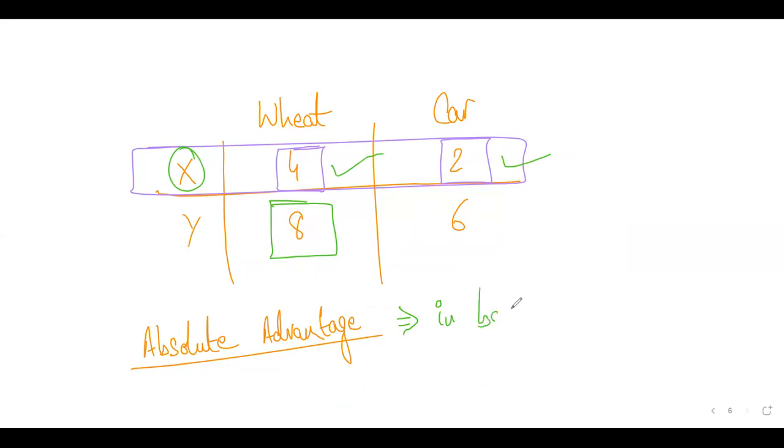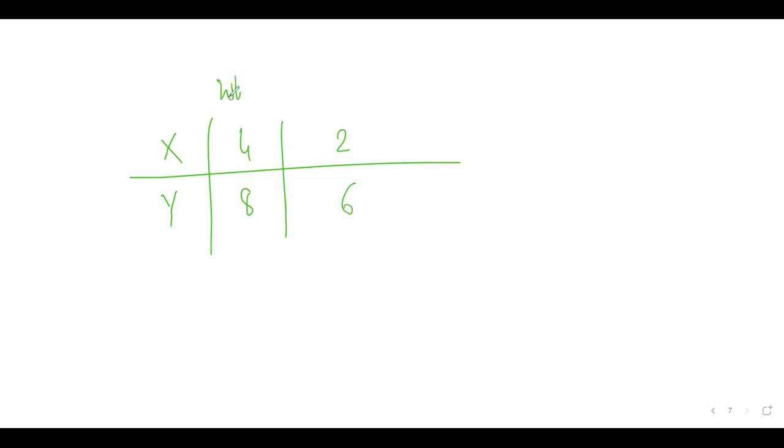X has absolute advantage in both goods, but comparative advantage will be different. How would comparative advantage be different? Let's do the calculation that we have always learned in our classes. So this is wheat, and this is car. Have a look at this, students. In the case of X, it is 4:2.